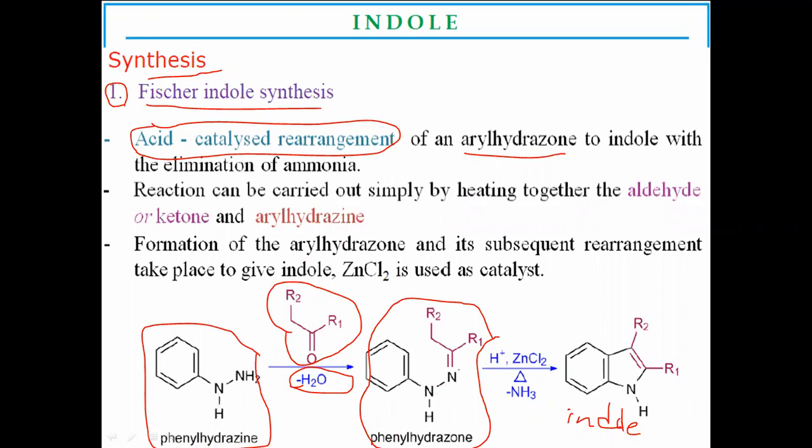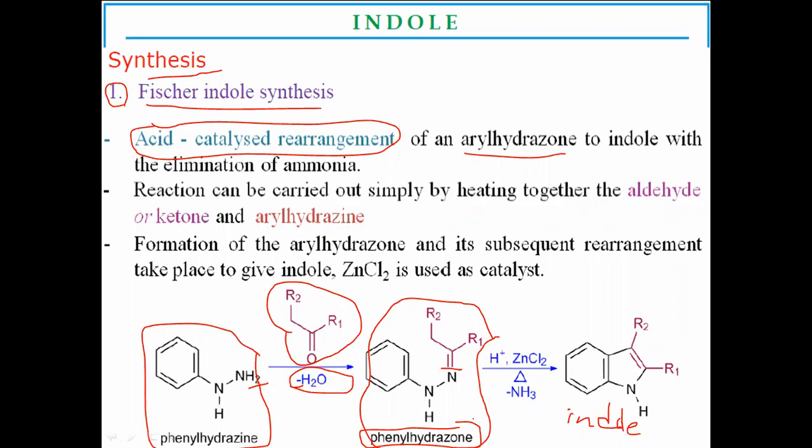This is the hydrazine part. Aldehyde and ketones bind with the NH2 part of the phenylhydrazine to form the hydrazone. Phenylhydrazone is the intermediate formed, followed by rearrangement reaction in the presence of zinc chloride.